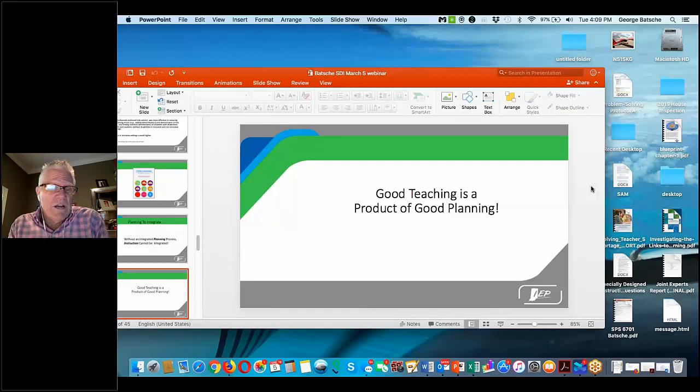Those teachers were the ones I was seeing doing really good teaching. In the grade levels where the planning process was either random, not well done, or not done at all, I saw huge variability in the teaching process.